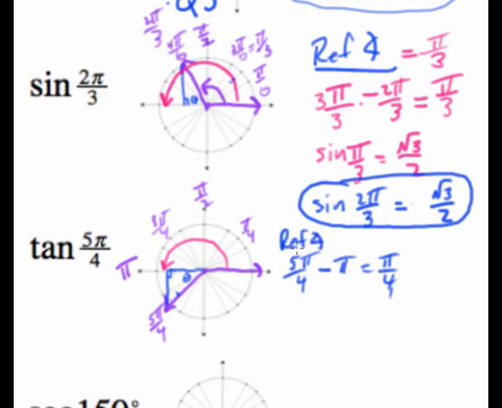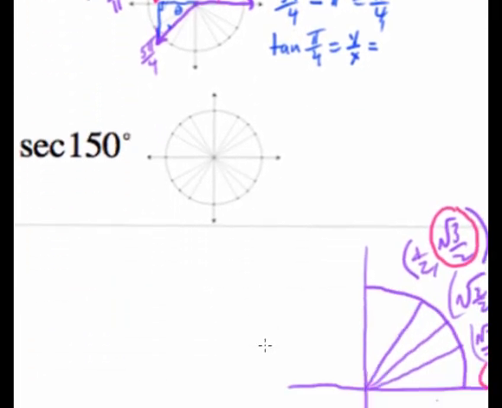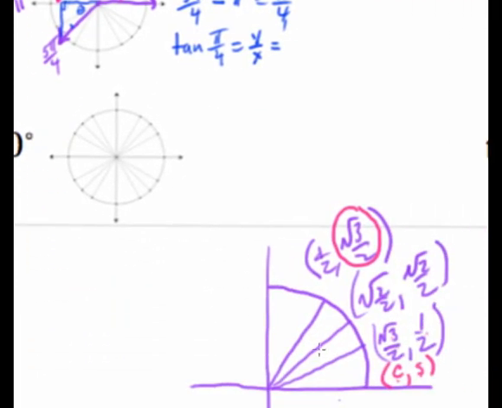And now it's just a matter of finding, so what is the tangent of pi over 4? Well, sine and cosine are just the x or the y. But tangent, recall, is y over x. And if you refer back to our pi over 4 here, if we have it memorized, it's going to be y over x.